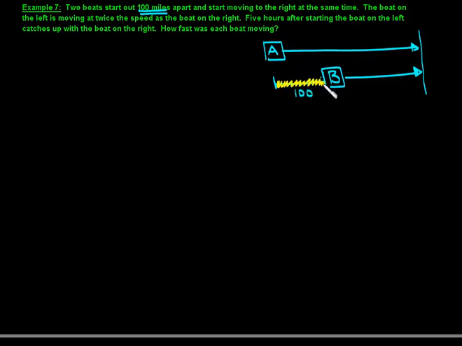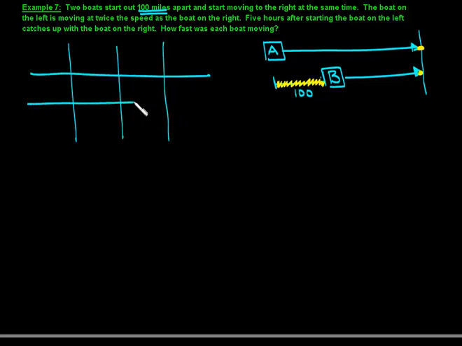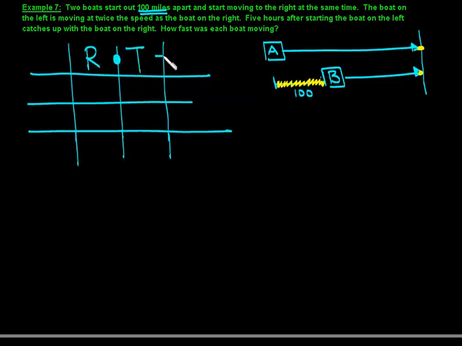They were 100 miles apart, and then boat A was traveling faster than boat B, and then they kept driving, and after 5 hours they caught up with each other. Okay, so let's see if we can set up this problem. So we'll do a grid and do it. So we have rate multiplied by time is equal to distance, boat A and boat B.